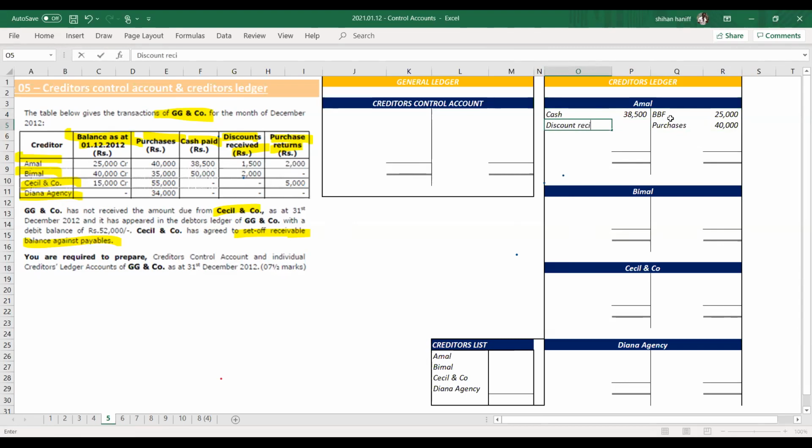Discount received 1,500. Purchases return 2,000. Balance carried down, balance brought down.